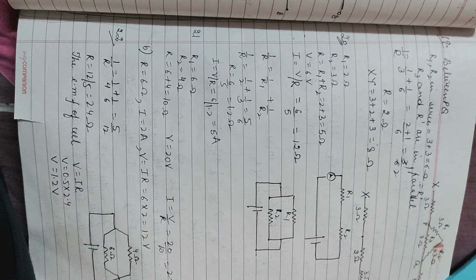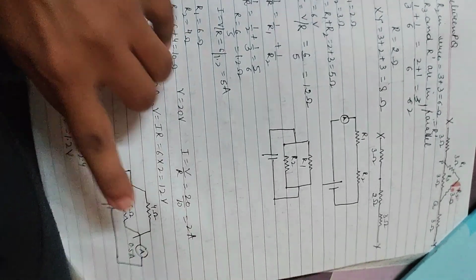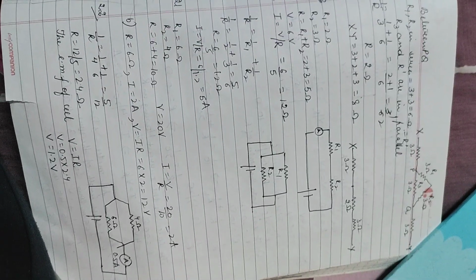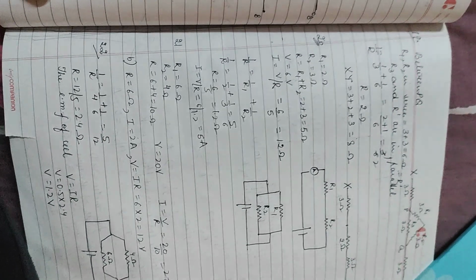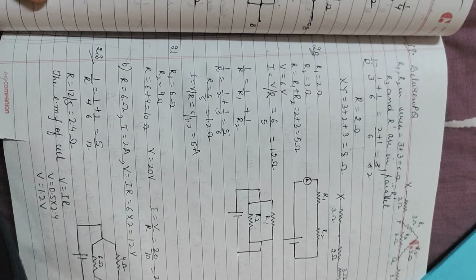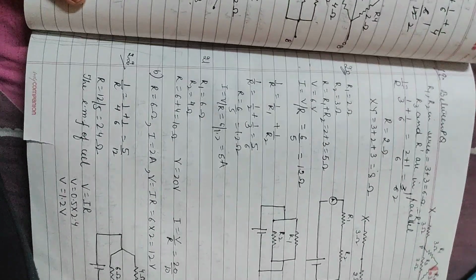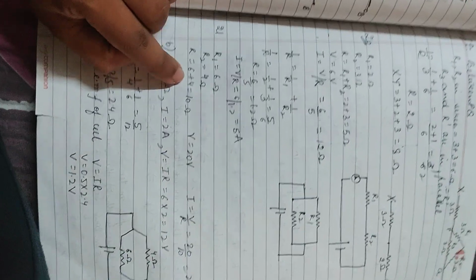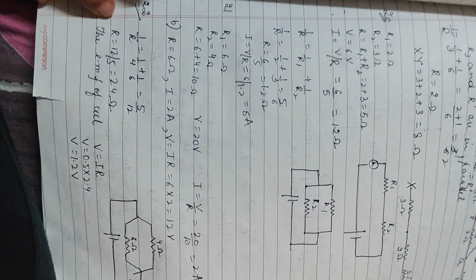Okay, now the next question, question 21. A resistor of 6 ohm is connected in series with another resistor of 2 ohm. So these are two resistances, connected in series. Potential difference V is given to us. We have to calculate the current, and we have to calculate the potential difference across the 6 ohm resistor. See, as they are connected in series, we add them and we get the value of current as 2 ampere.